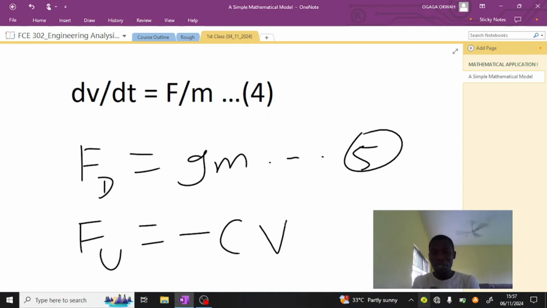The proportionality constant is known as the drag coefficient, and its unit is kilogram per second.